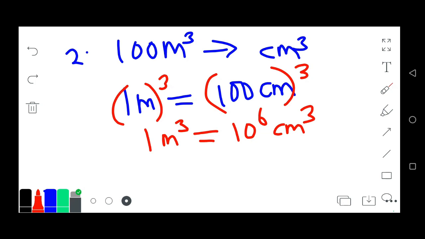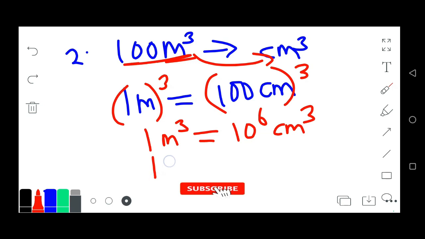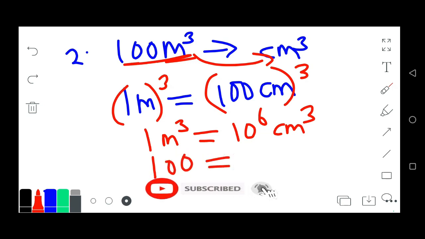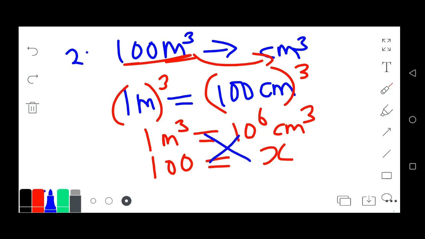Then from there, we know that we want to change this 100 to cubic centimeters. So we're going to put the 100 this side and the x this side. So all you do is just cross multiply, and then you're going to have 100 multiplied by 10 to the power 6 is equal to x.